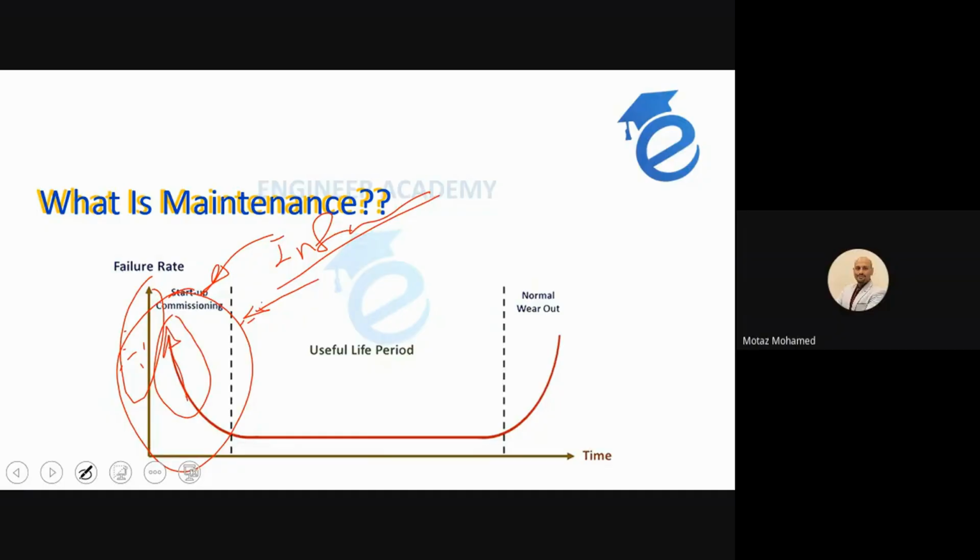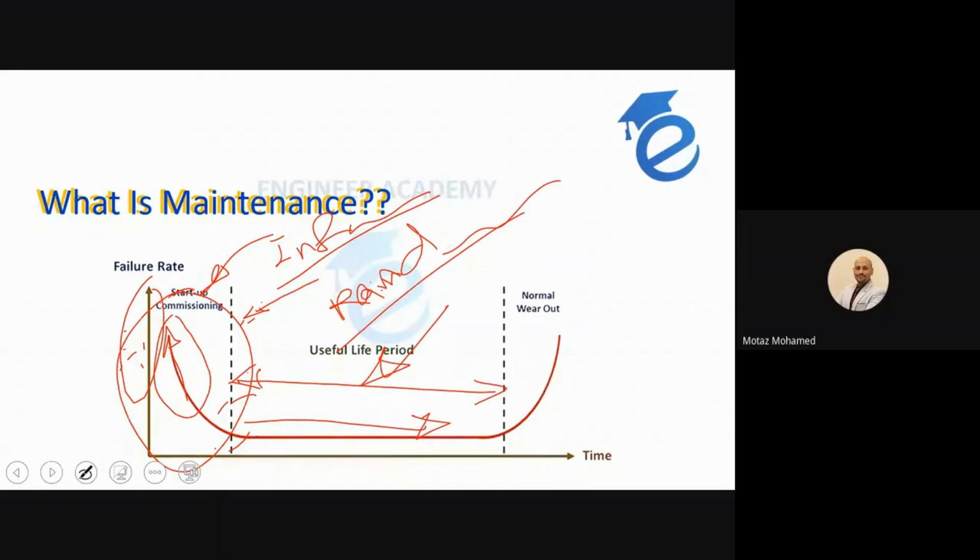But after time, after you finish all of these problems, you find the failure rate starts to be normal or very low. And in this period, we call it random failure. Okay, this is what we call the random failure area.